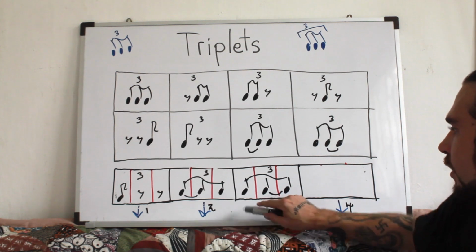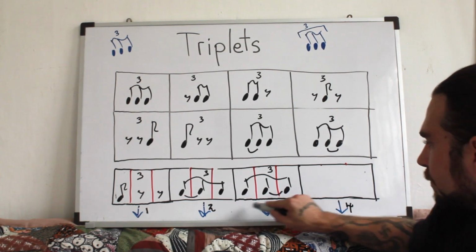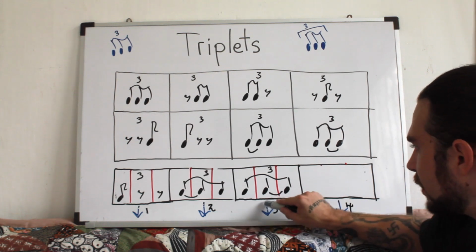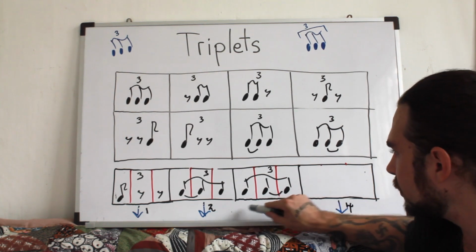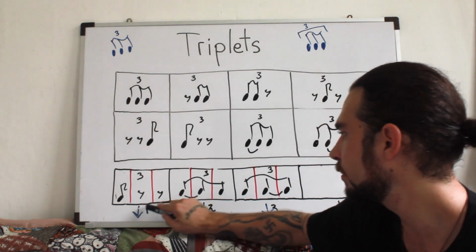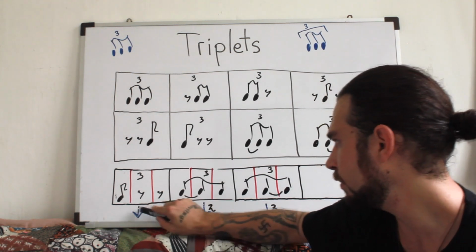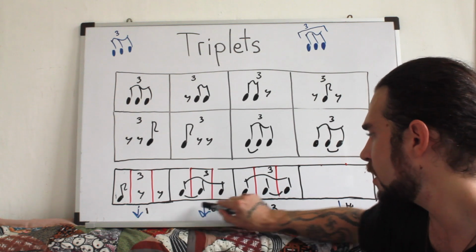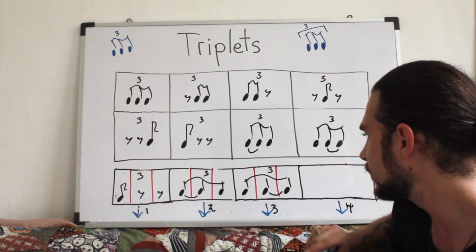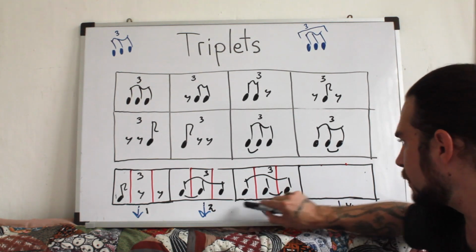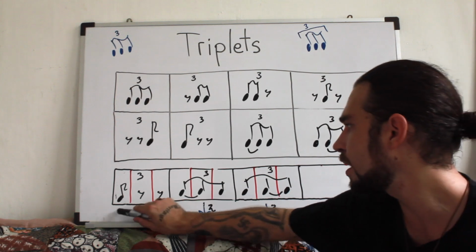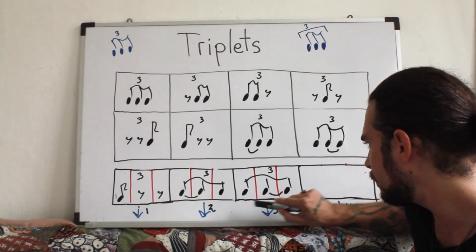So now we've got bum bum bum bum, 1, 2, 3 bum bum, all together bum bum bum bum.